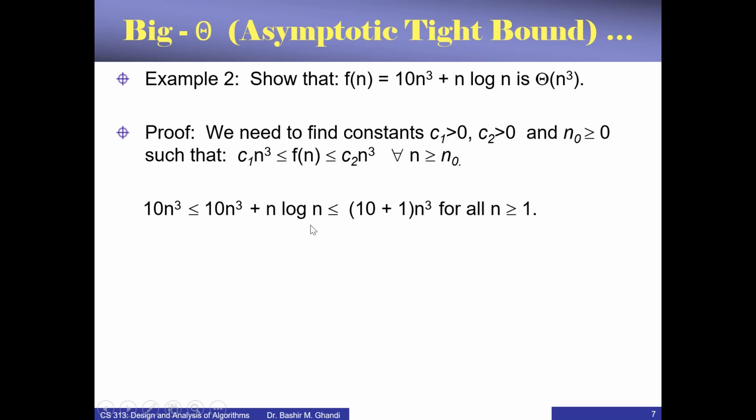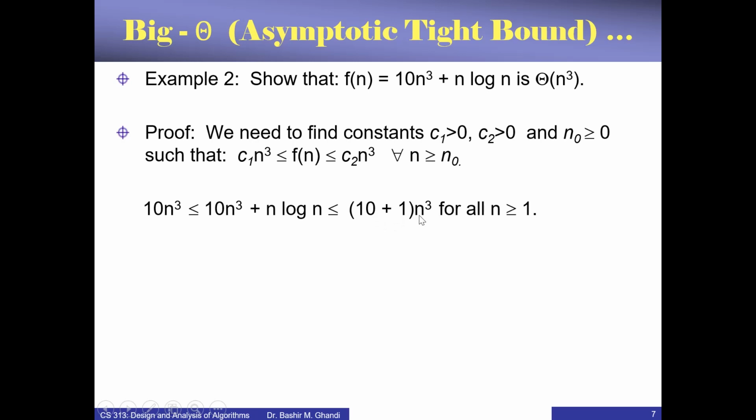For example, if you take 100, log of 100 to base 10 is 2. So the log of a number is usually much smaller, and therefore this n log n will be less than n cubed. So if we replace that by n cubed, we will have 10n cubed plus n cubed.